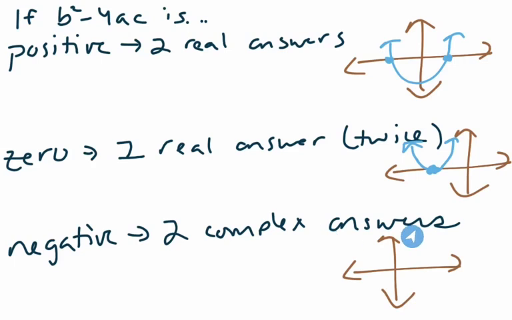Now, 2 complex answers, well, what on earth does that mean? That means that you actually do not have any x-intercepts. It means your parabola is floating up here and it never makes it to the x-axis. So what's neat about this lesson: the discriminant is a vocabulary word you should know.